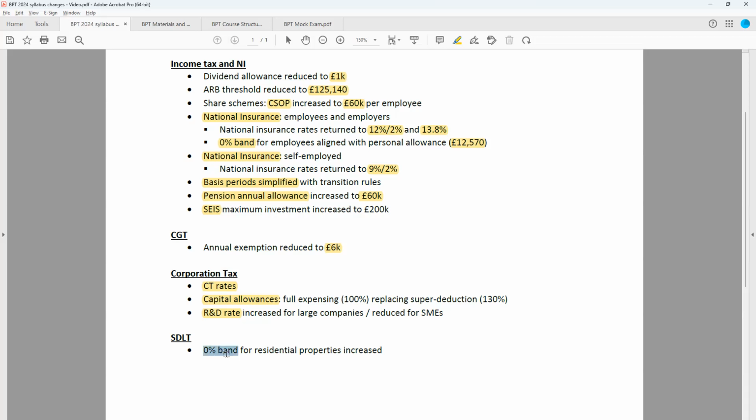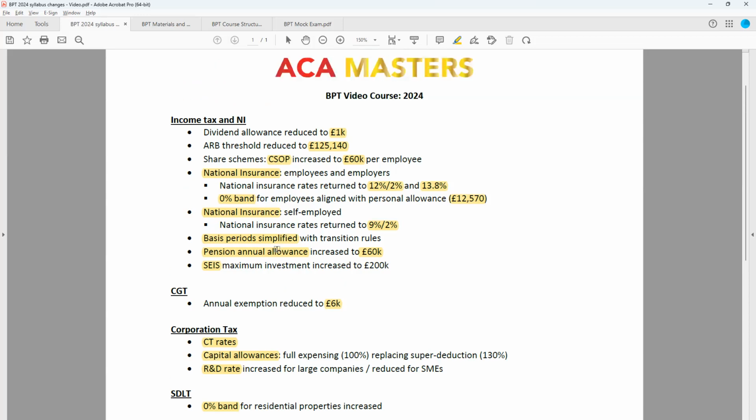And another example of a really insignificant change, the 0% band for residential properties has increased. And when you're doing stamp duty, if you do have to calculate the stamp duty liability, similar to the income tax thresholds, that's definitely something I would look up in Hardman's in the exam.